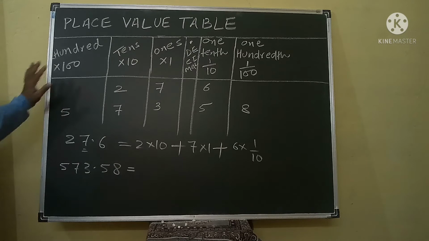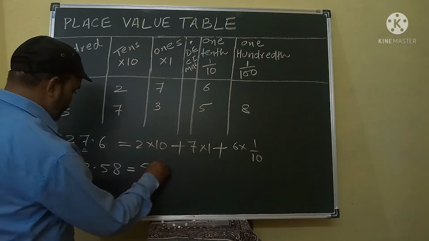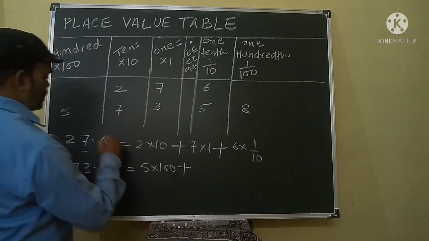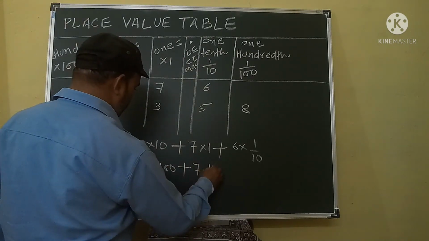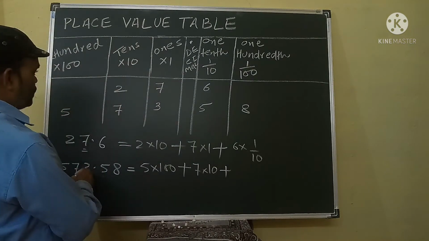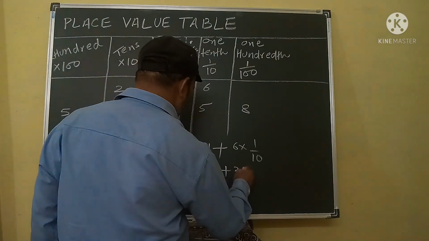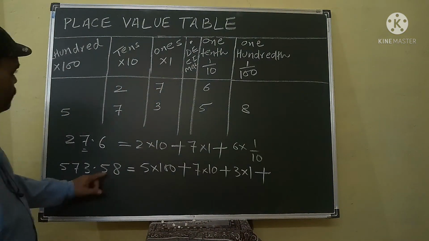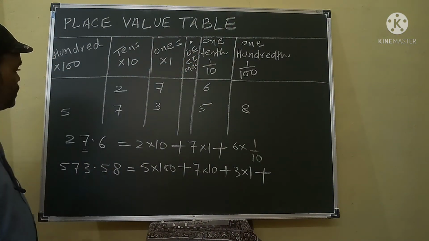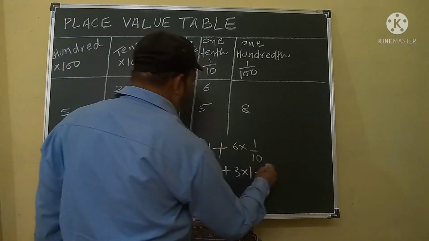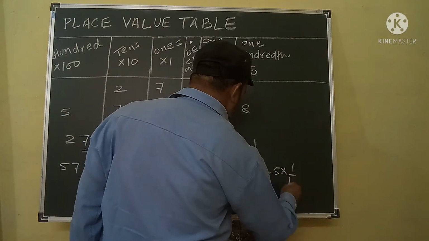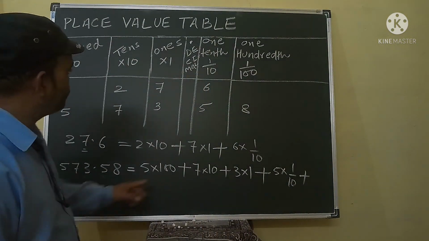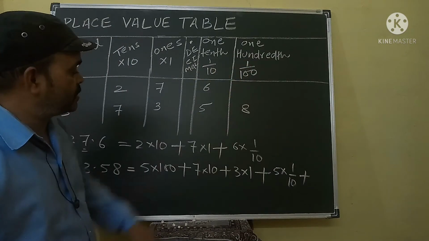That means 5 into 100 plus 7 into 10 plus 3 into 1 plus 5 is in 10th place, so 5 into 1 upon 10 plus 8 is in 100th place.